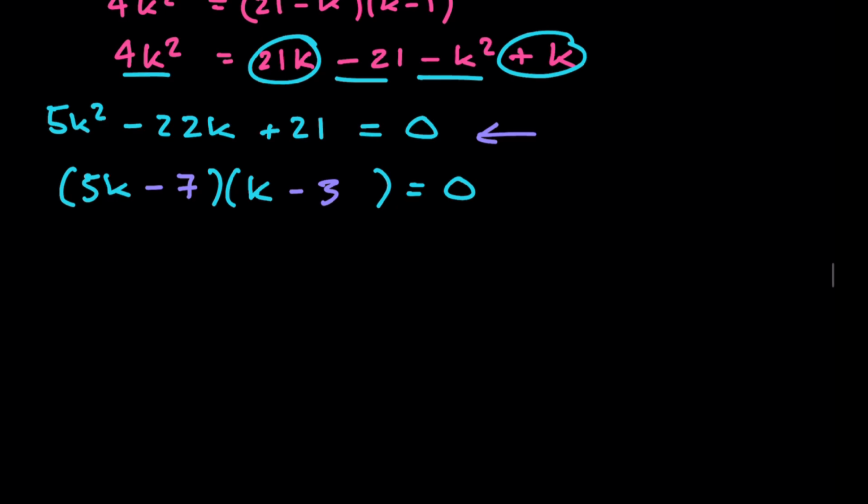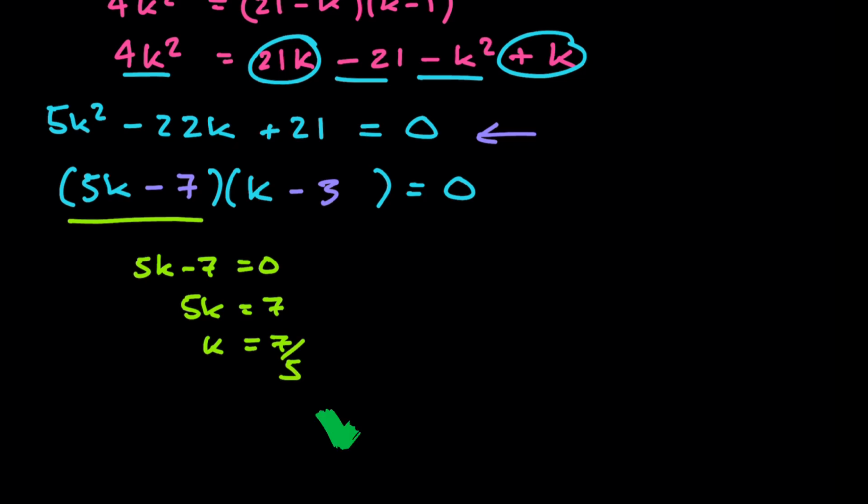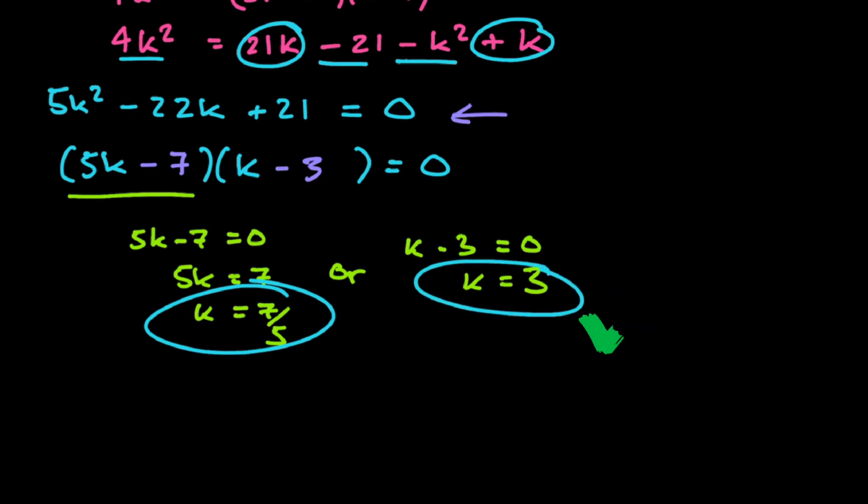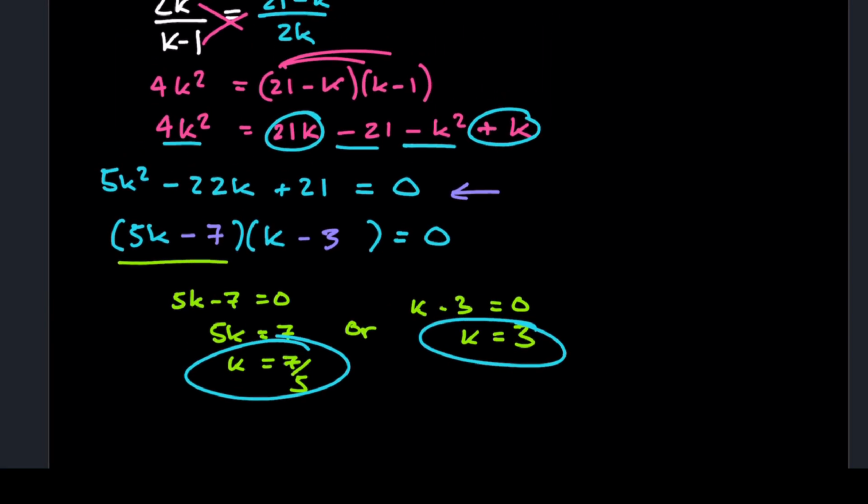Now we look at these two brackets, so we want to equate both to 0, so either 5k minus 7 is equal to 0, therefore 5k is equal to 7, so k is equal to 7 over 5. Okay, there's one result. Or k minus 3 has to equal 0, so k is equal to 3. And that is the end of that question. There are two possible results for k.